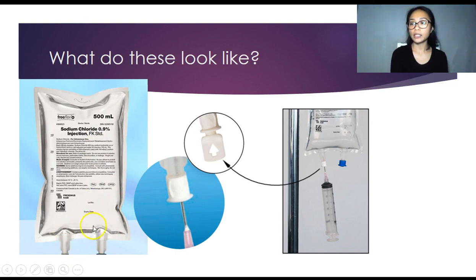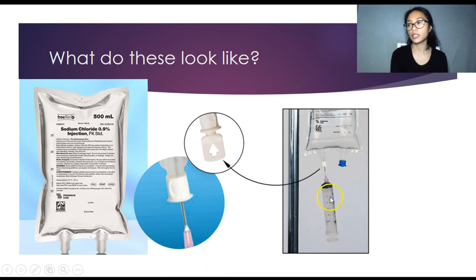Now, the fluid bags have two ports. The port that's usually on the left, or one of the two, is for injecting into the bag. The other port is for connection to an IV fluid giving set to be primed with the fluid and connected to a patient's cannula.